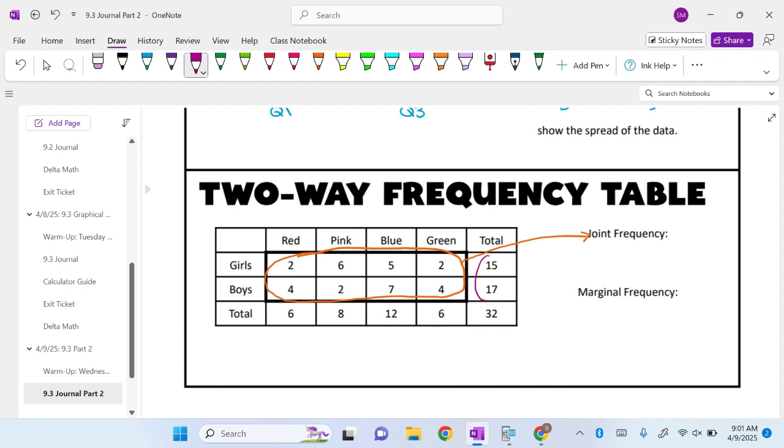Now, the totals of each category is known as your marginal frequency. Whether it's the totals of the rows or the totals of the columns, those are known as your marginal frequency. And then the 32 is just our overall total, or our sample size.